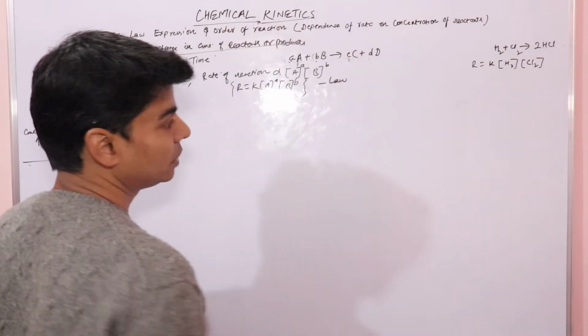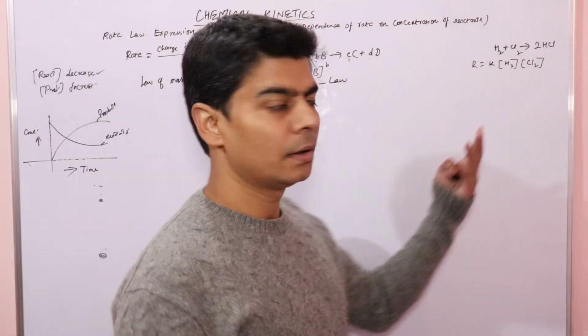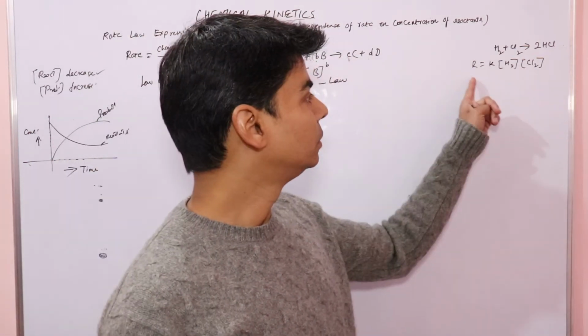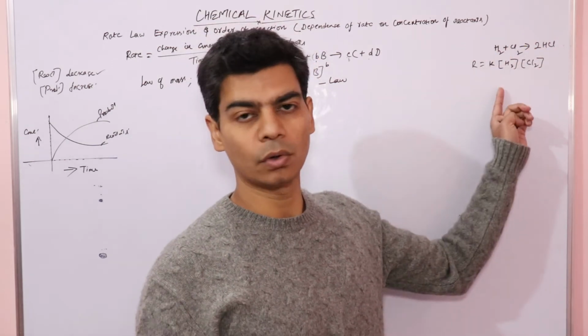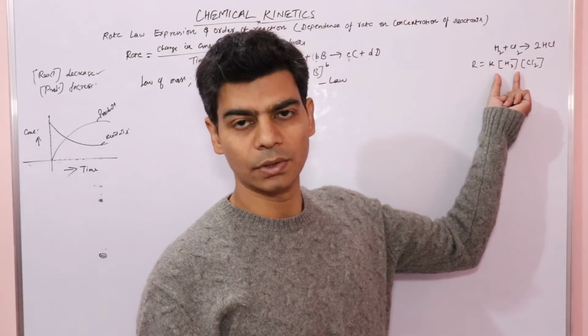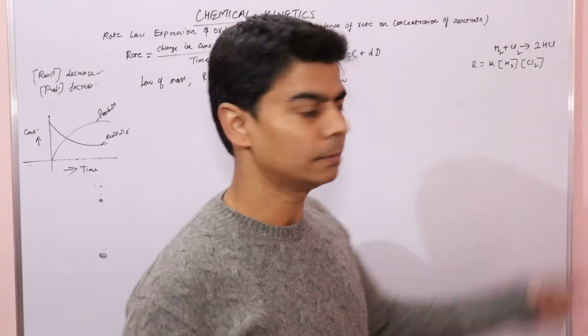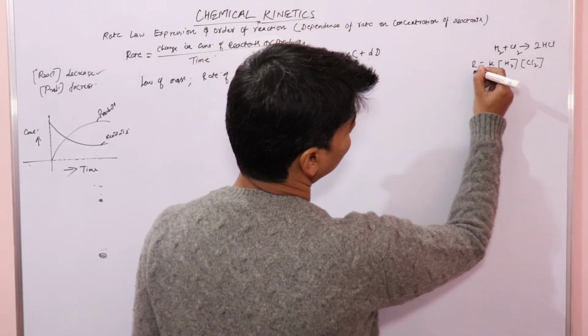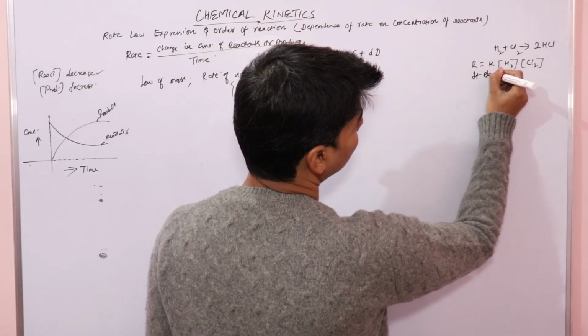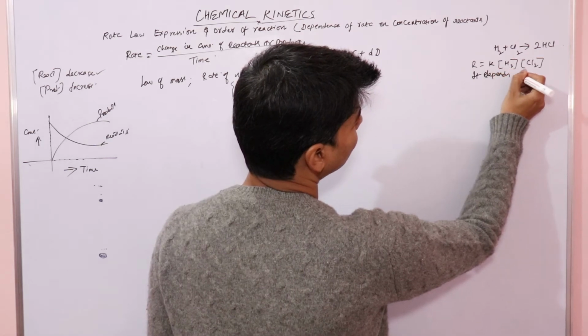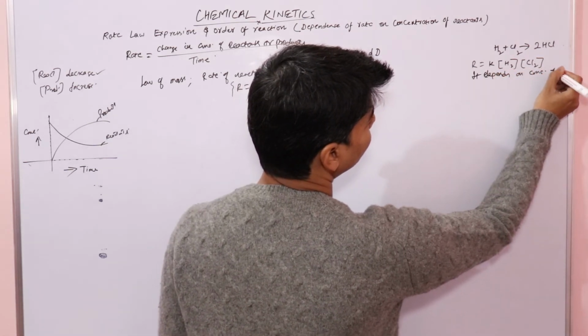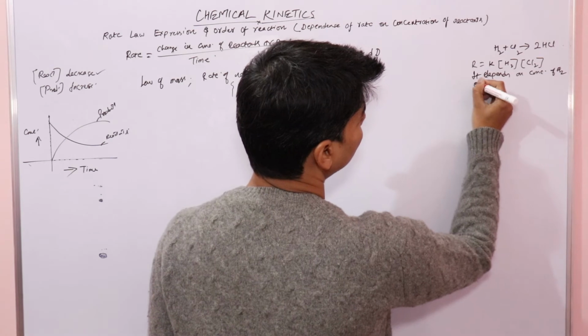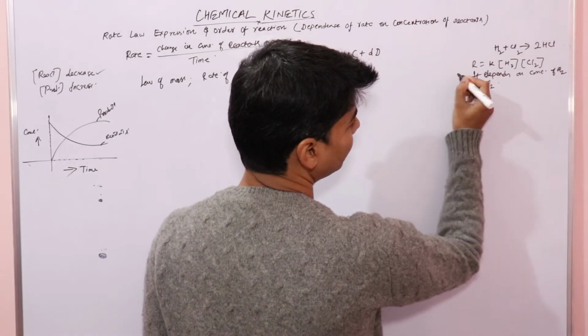So as per this equation, which is based on the law of mass action, the rate of this reaction depends on the concentration of hydrogen and the concentration of chlorine, right? We'll get back to this.